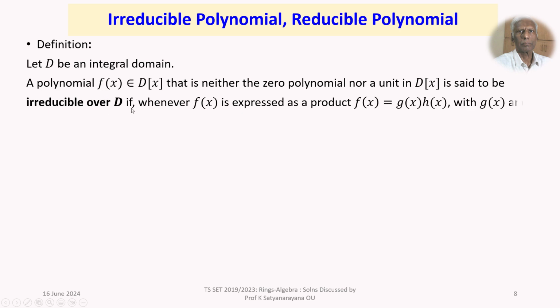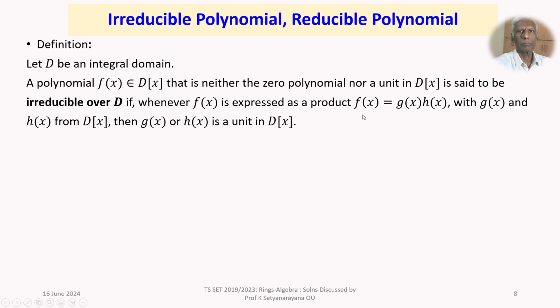if whenever f(x) is expressed as the product f(x) = g(x) multiplied by h(x), with g(x) and h(x) coming from D[x], then either g(x) or h(x) is a unit in D[x].